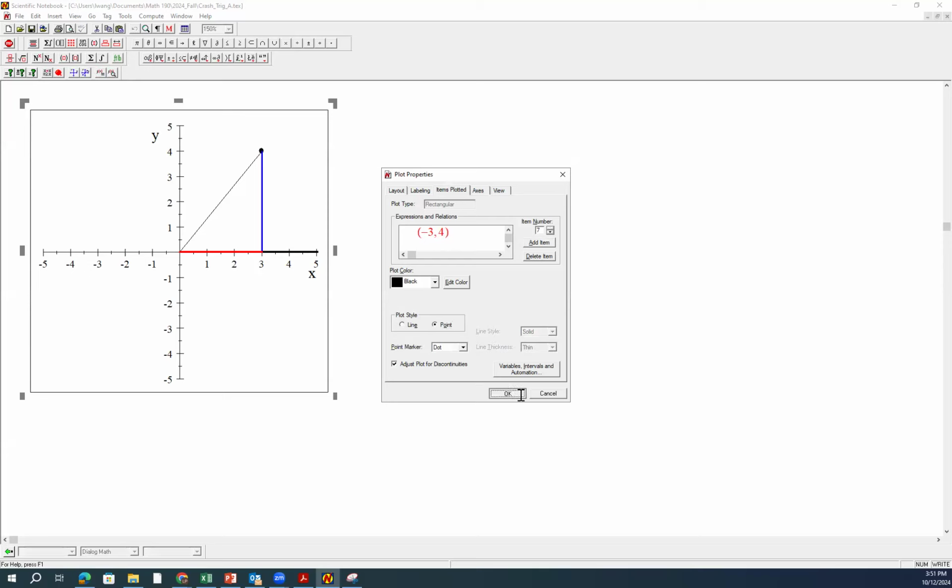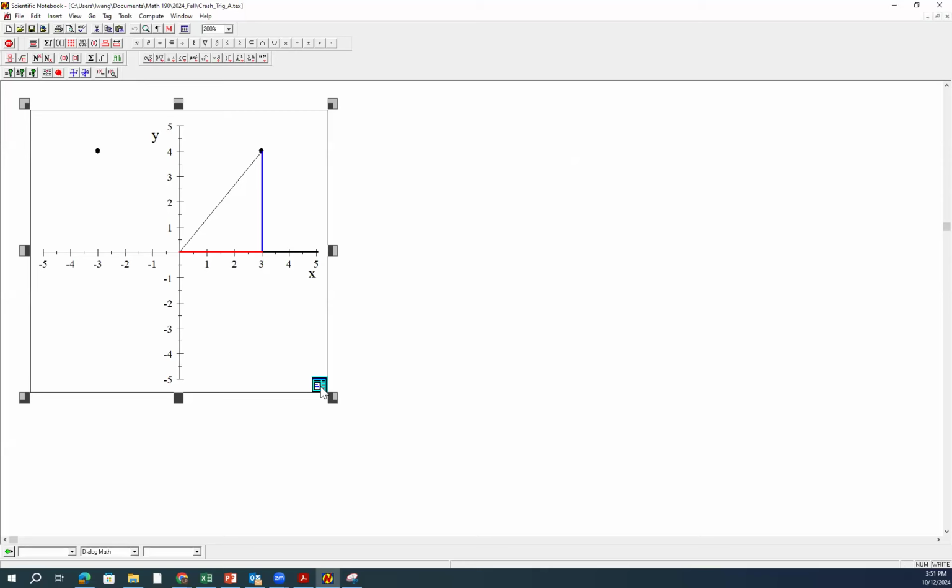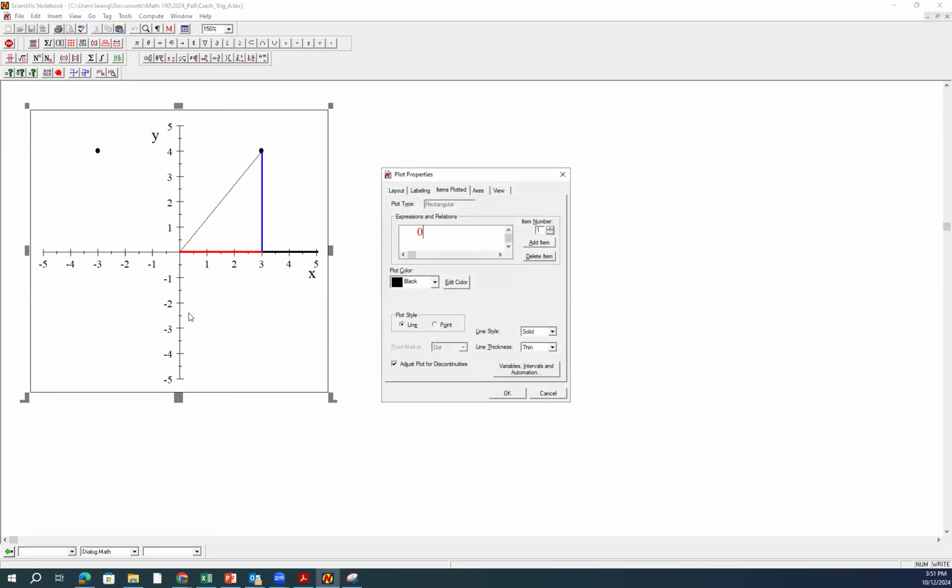There's a dot. Then we will need the red and the blue. Red is X, blue is Y.